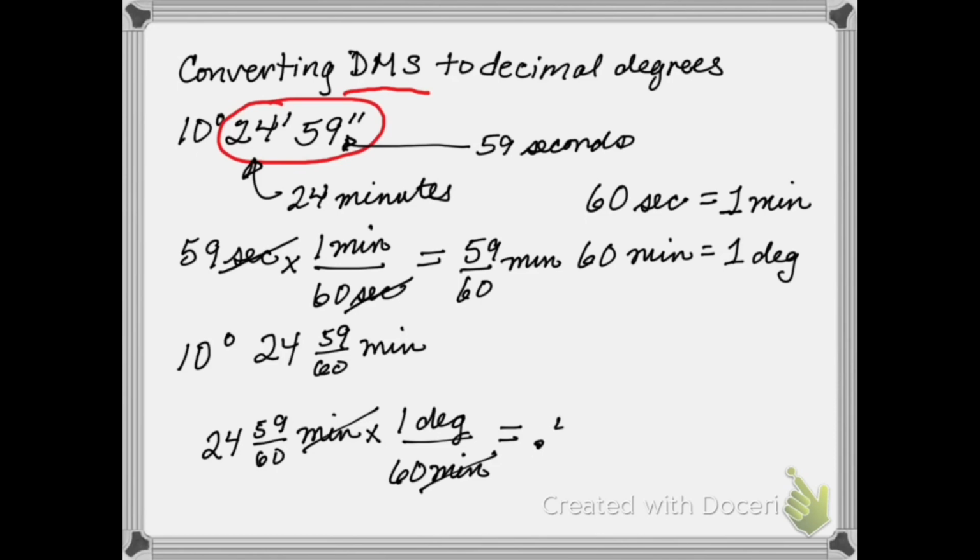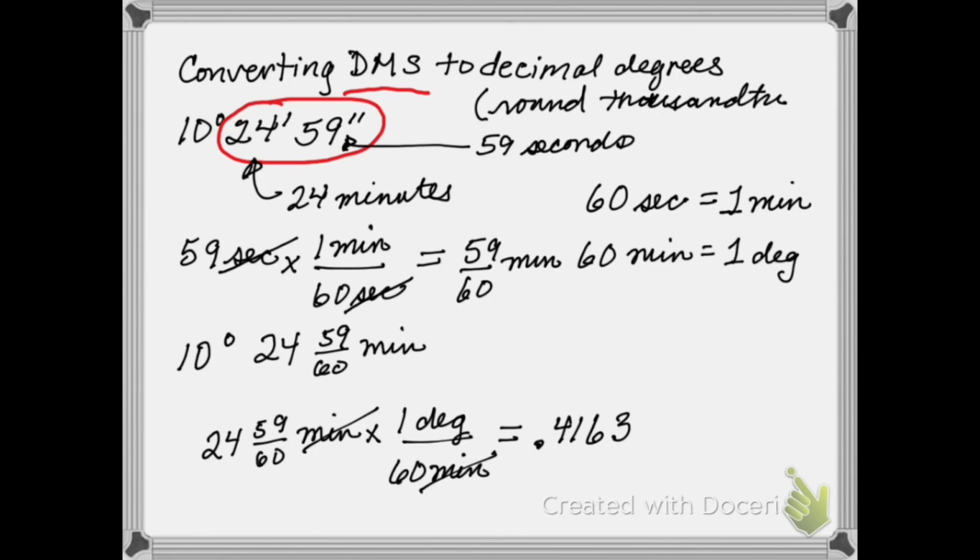With the calculator key-in, I get 0.4163. And if we go back up here, the instruction is to round to the nearest thousandth.